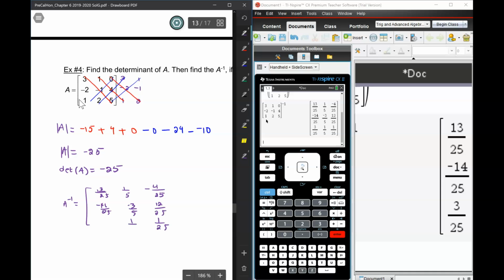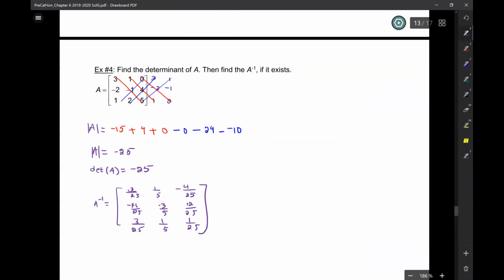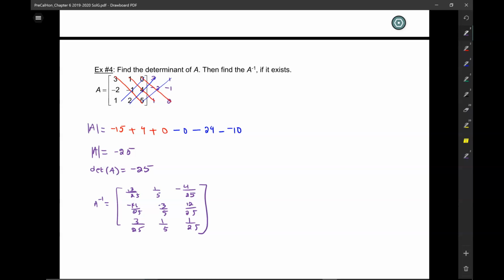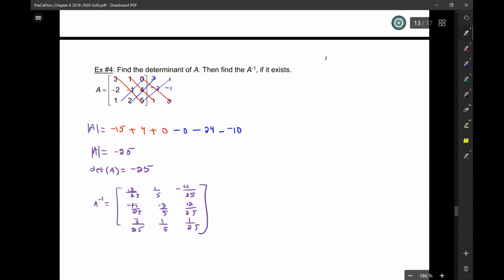So now, here's the important part. Let's do a couple more things. I am going to expect that you know how to find manually the determinant of a 2 by 2, the inverse of a 2 by 2, and the determinant of a 3 by 3.